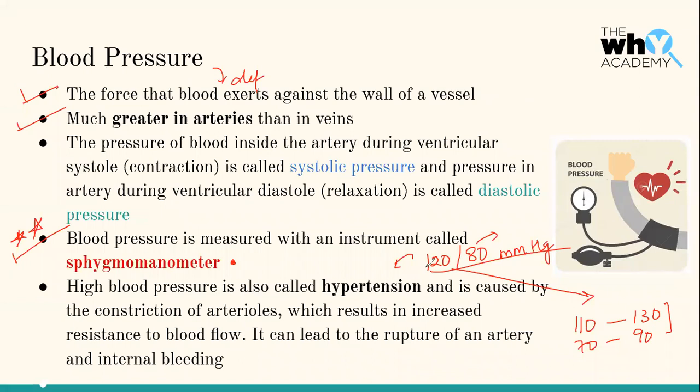Ma'am, and what is the SI unit of it? mmHg, millimeter of mercury. Ma'am, Hg is mercury. Sorry, ma'am, I forgot. Yes, Hg is the symbol for mercury. I think your electric one also will be showing mmHg, or do they show any unit or no?